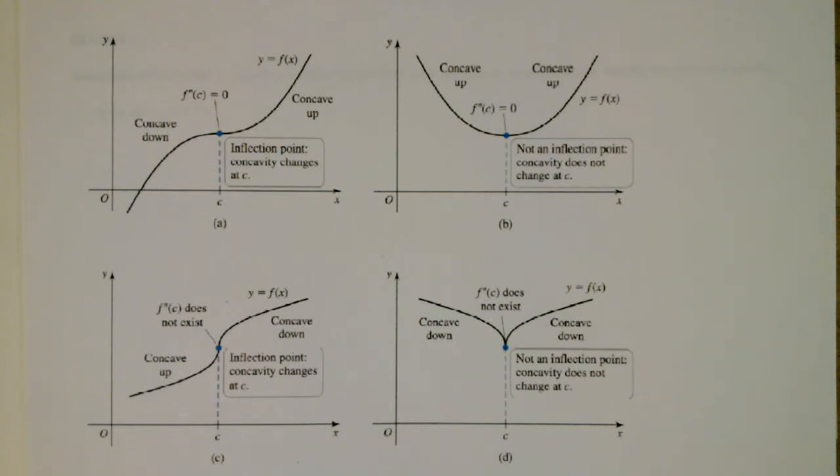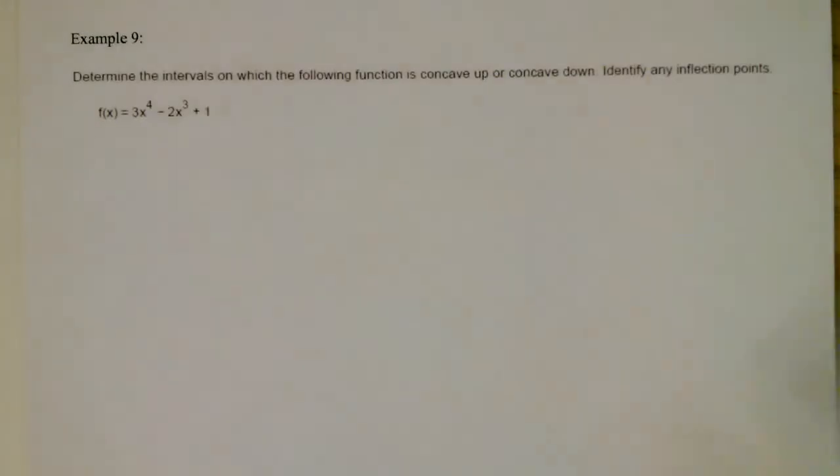All right, so let's look at example 9 on the next page. Let's say we want to determine the intervals on which the following function is concave up or concave down and identify any inflection points. Okay.